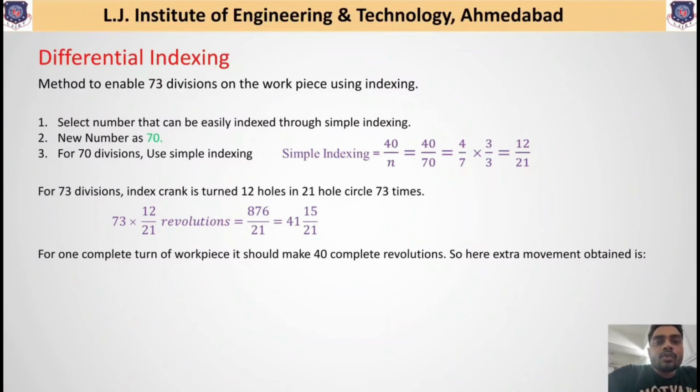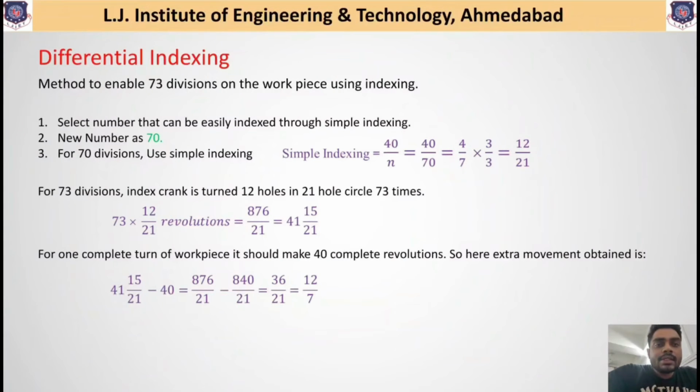As we know, for one complete turn of the workpiece, as we have discussed, it should make 40 complete revolutions. And here we have obtained extra movement, and the extra movement can be obtained simply by subtracting 40. So it is 41 and 15 divided by 21 minus 40.